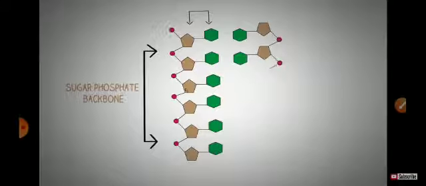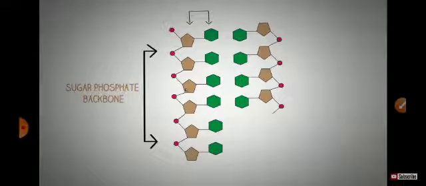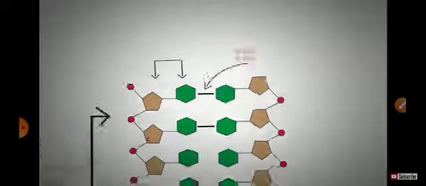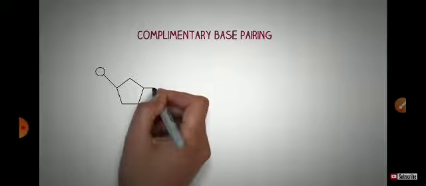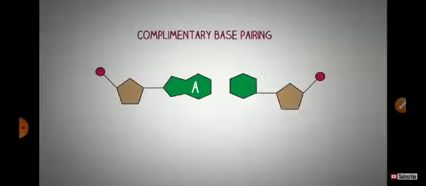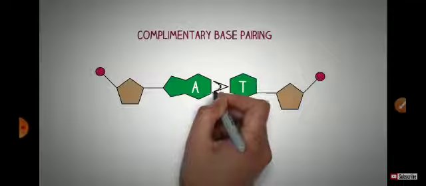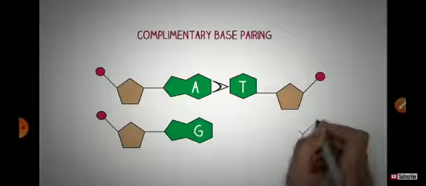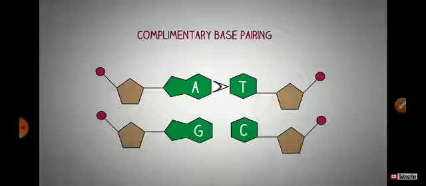So DNA comprises a double helical structure which is anti-parallel in nature. We can see the structure of the dinucleotide, where between A and T, that means adenine and thymine, there exists a hydrogen bond, which is a double bond, and between the nitrogenous bases G and C there is a triple bond.